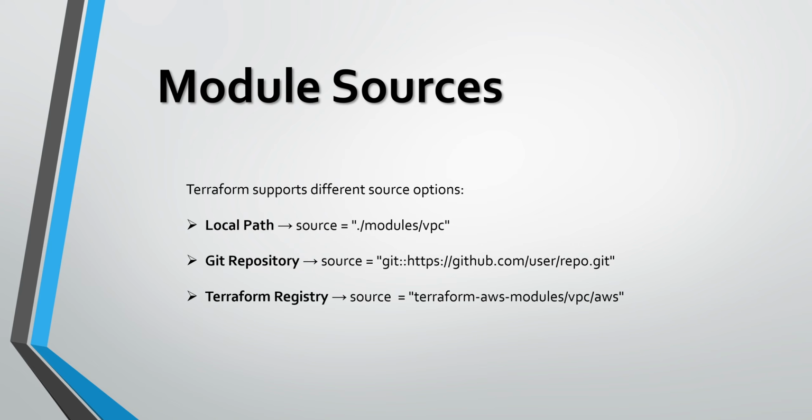Now, module source. As we discussed in the previous slide, there are multiple sources you can get modules from. So Terraform supports different source options. Of course, we have seen local path. You can also use your Git repository path, but you have to specify your GitHub repo name in order to access the Git repository.